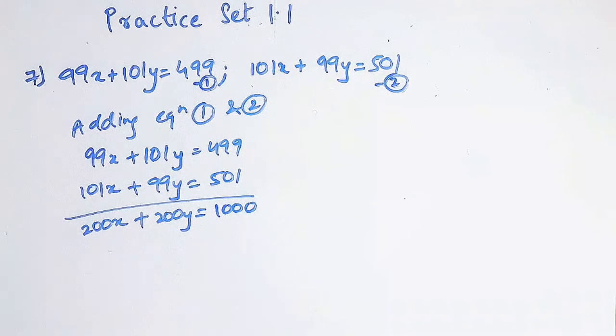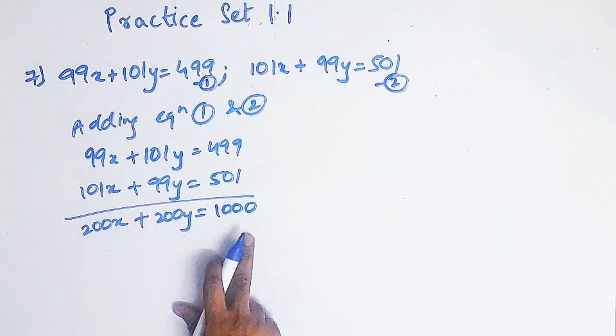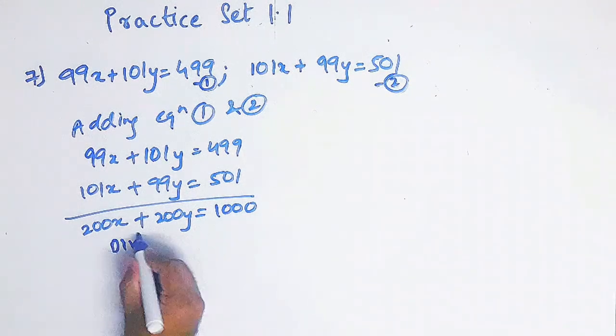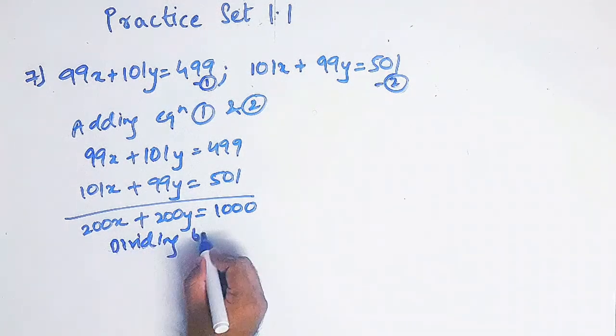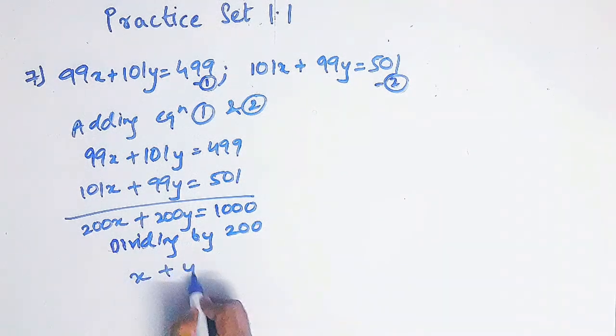Yes, it will be 1000. Okay, so you can see this equation is a big equation and it can be easily divided by a bigger number. So I'll divide this by which number? Dividing by 200. I'll get a new equation, x plus y equals 5.